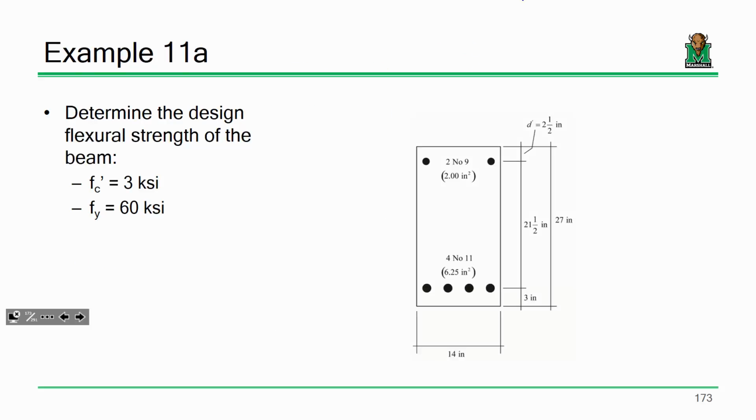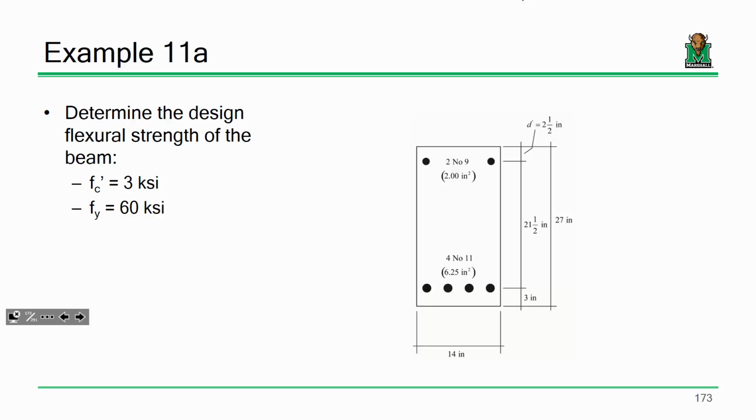Let's take a look at one. Okay? So I have here a beam. It is, let's see, 14 inches wide. The depth from the top to the tensile steel is 24 inches. From the top to the compression steel is 2.5 inches. So I'll write out these terms in a little bit.